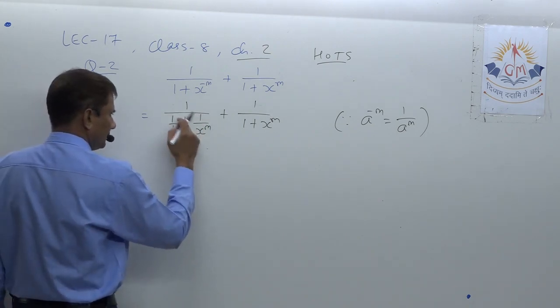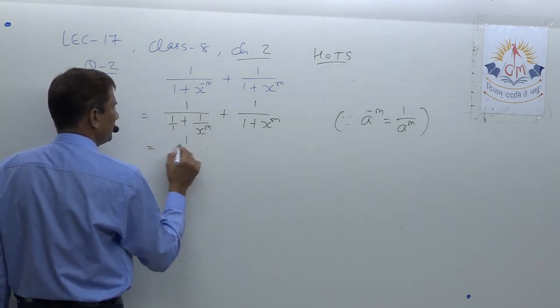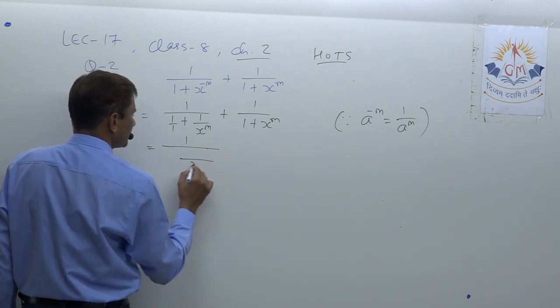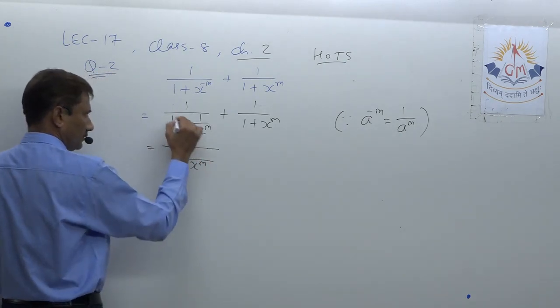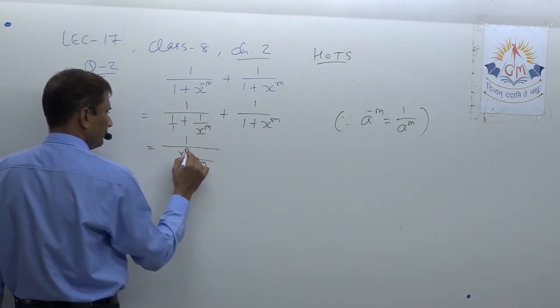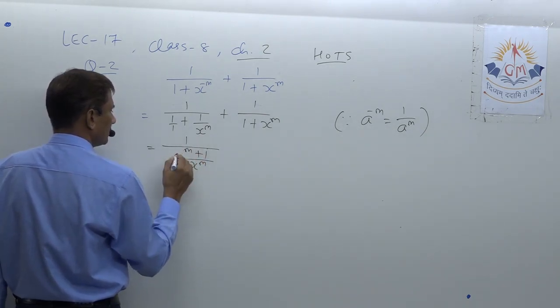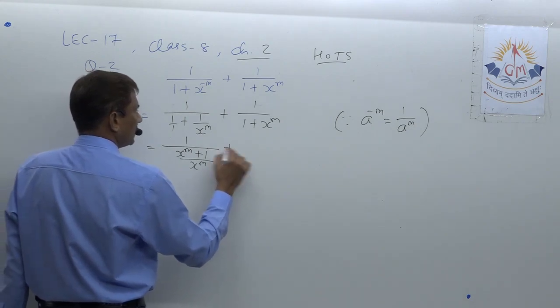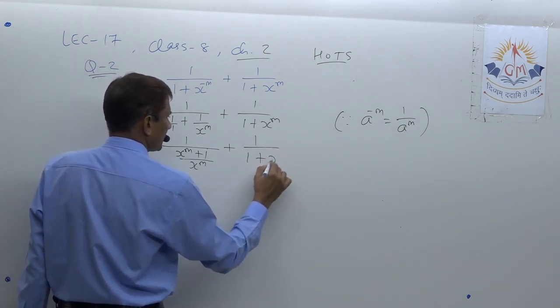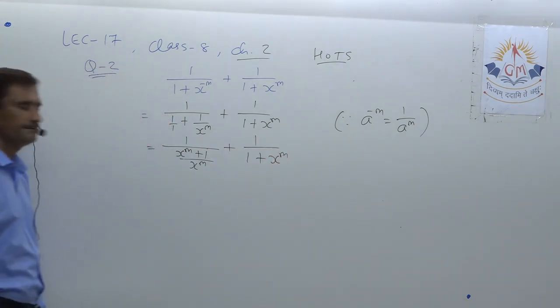Here take the LCM, means cross multiply here. So it will be 1 plus x raised to m into 1 plus x raised to m. Now cross multiply. So x raised to m plus 1. Second term just write down as it is.